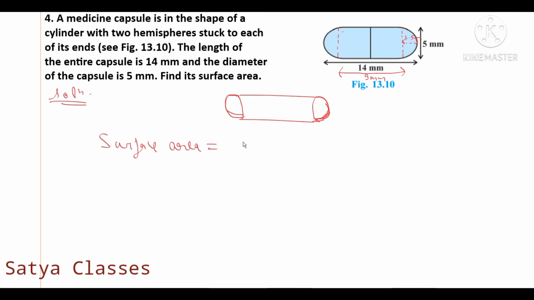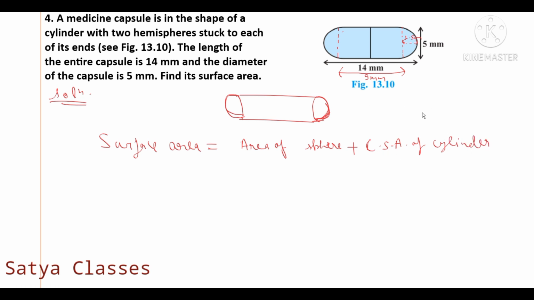Surface area equal to the area of sphere. As I told you, as you put two ends or two hemispheres together, you will get a complete sphere. So area of sphere plus CSA, meaning curved surface area, of the cylinder. Somebody can say why CSA?